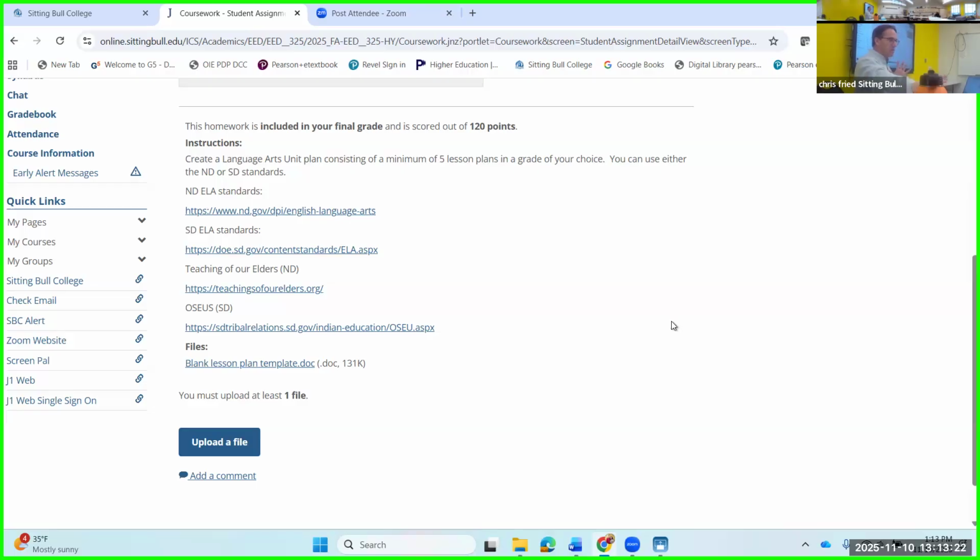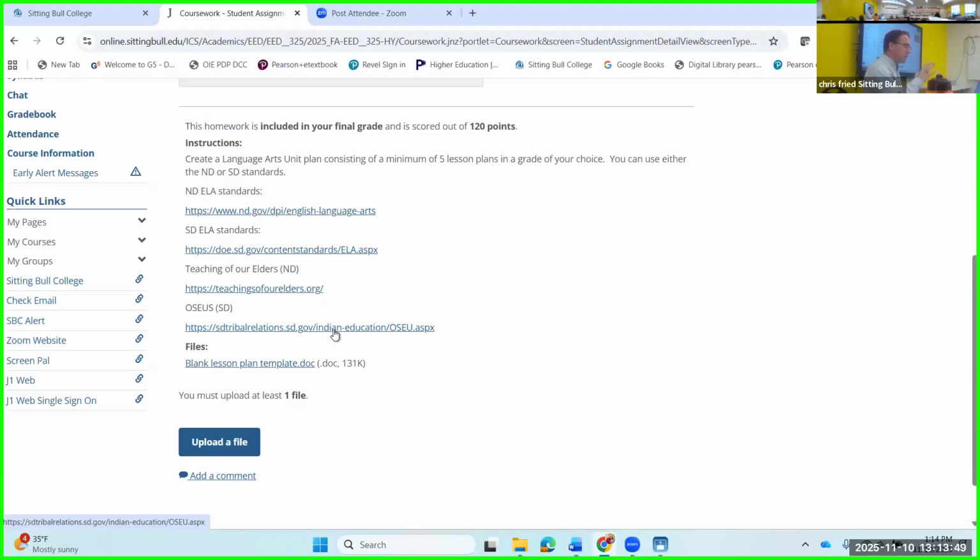Today I have some examples of what a good vocabulary unit might look like. So you could use that. You could just focus on vocabulary, pull in multiple different subject areas and topics, but looking at your grade level and your standards and your choice to pull that in there. You'll want to pull in either OSCU standards or the Teaching of Our Elders, which are there as well for the North Dakota standards.